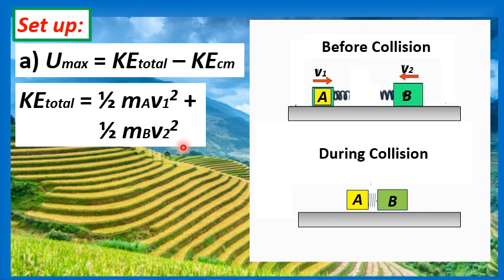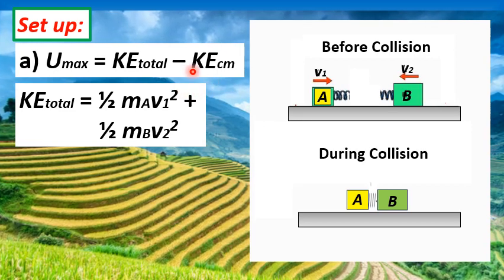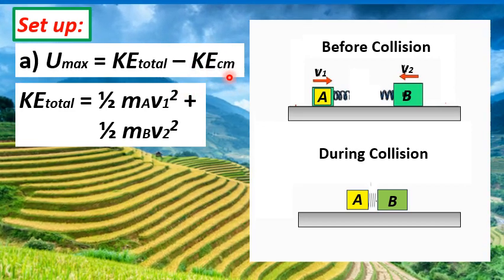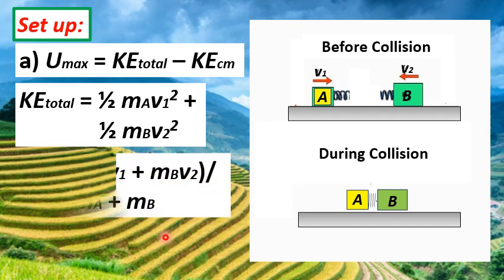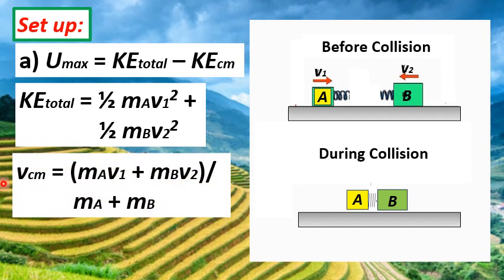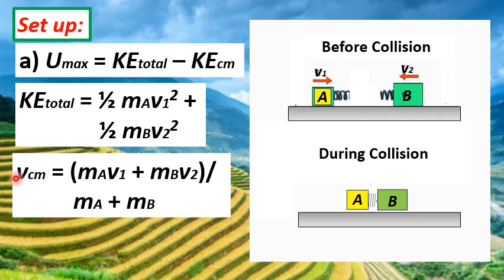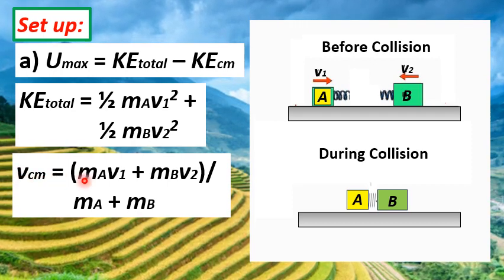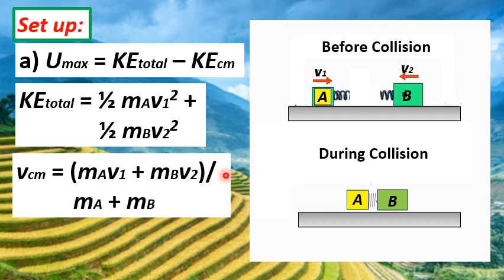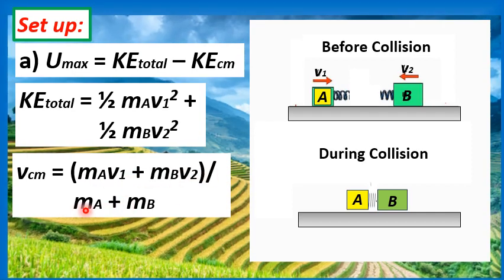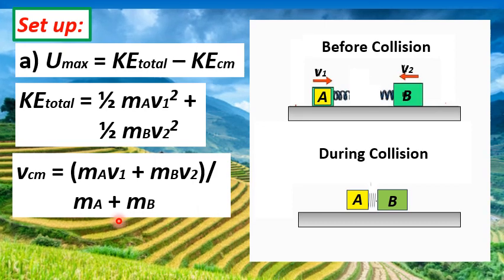m_B v_B2 squared. And before we can find the kinetic energy of the center of mass of the system, we need to first find the velocity of the center of mass of the system, denoted by v_cm, using the formula m_A v_1 plus m_B v_2 all over the total mass m_A plus m_B.